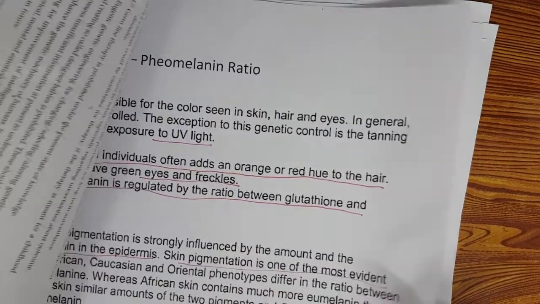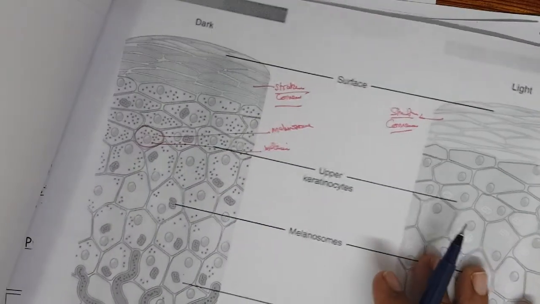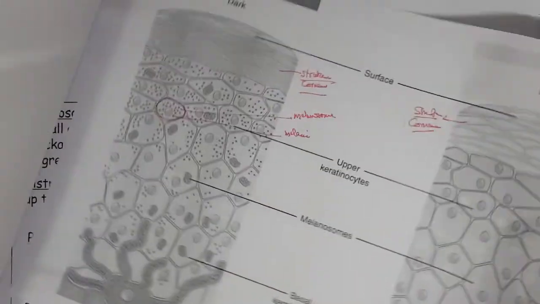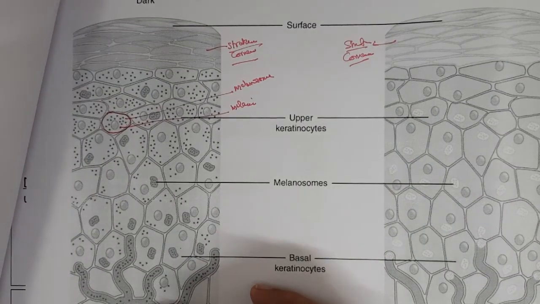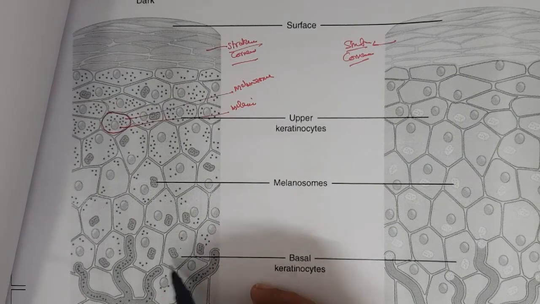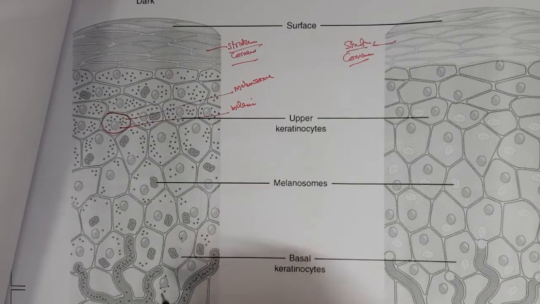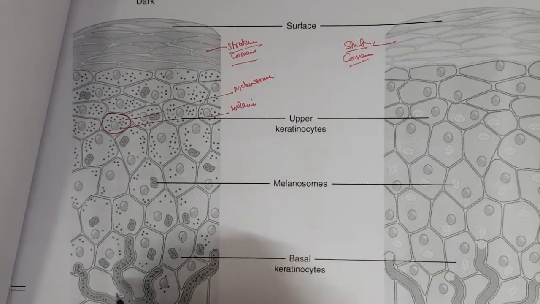We said, melanosomes are produced in melanocytes, and melanosomes are transferred from melanocytes to keratinocytes, right? We discussed. So, there are some actives that suppress this transfer.